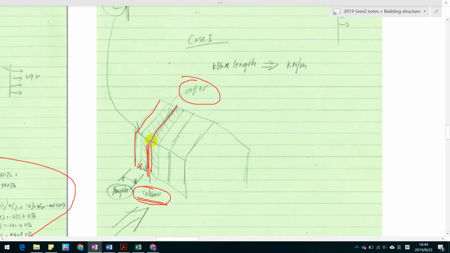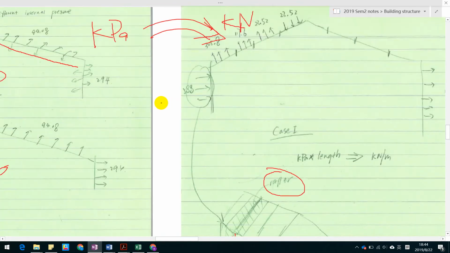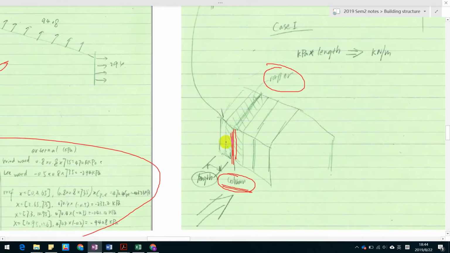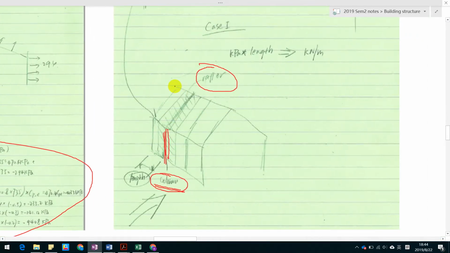So this is a whole portal frame, okay? Because this is one portal frame, this is another, and one portal frame takes the load from each roof and the side walls. So this portal frame we're talking about here is taking the load from half of its left and half from its right.